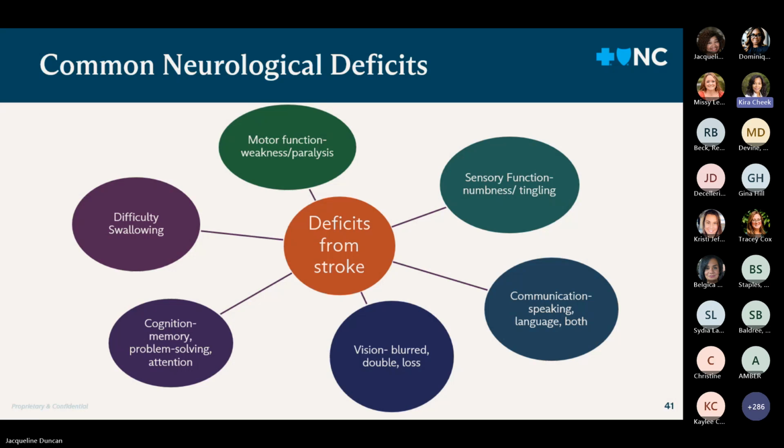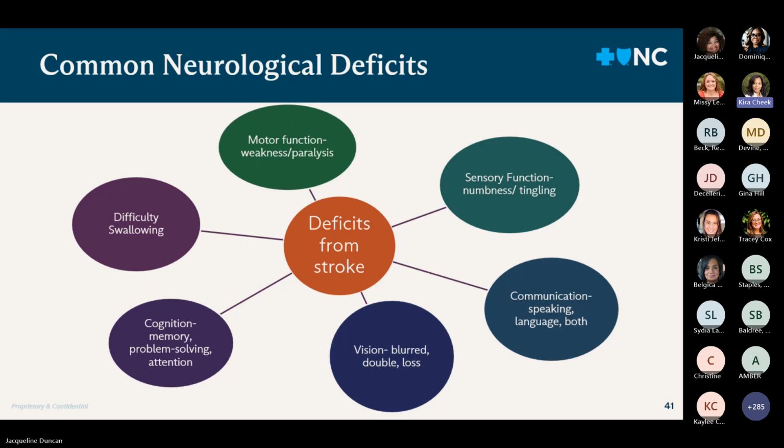Here is a look at the most common neurological deficits related to having a stroke. These can be temporary or long lasting depending on the individual, whether it was caught early, and following through with treatments such as rehabilitation and therapies. Motor function deficits can include weakness or paralysis on one side or just one extremity, known as hemiplegia or monoplegia.